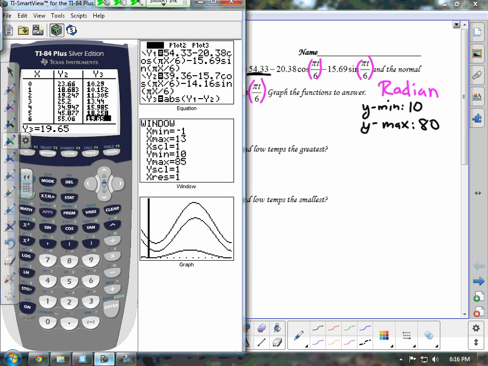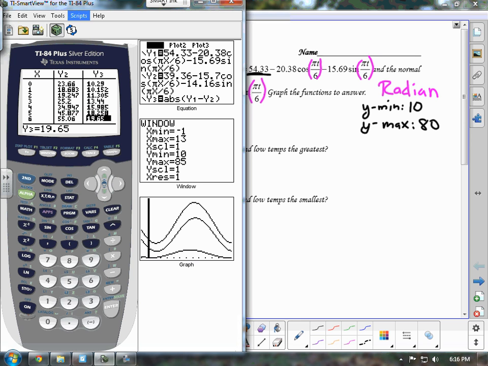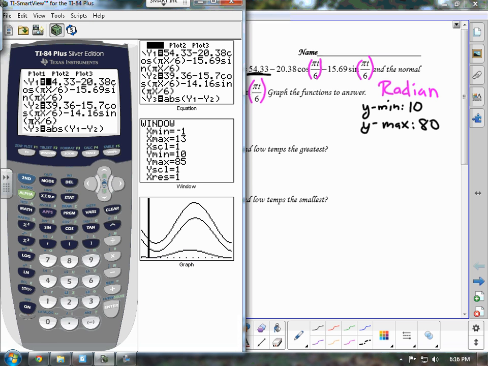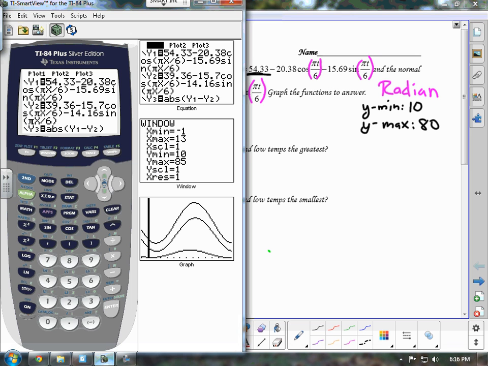So then in entering these equations into your calculator, the best thing to do is you enter the first equation like so, the second equation like so, and then because it is asking for the difference between the high and the low temps, put a third equation in here and take y1 and subtract y2.